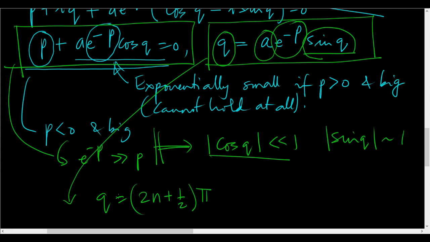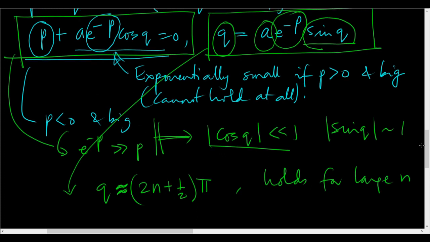This is an approximate solution now, but holds for large n. So if q is 2n plus half pi, whatever that q is, we've put it in there, so that is, let's say, qn. So qn is 2n plus half pi. This is the nth approximation.